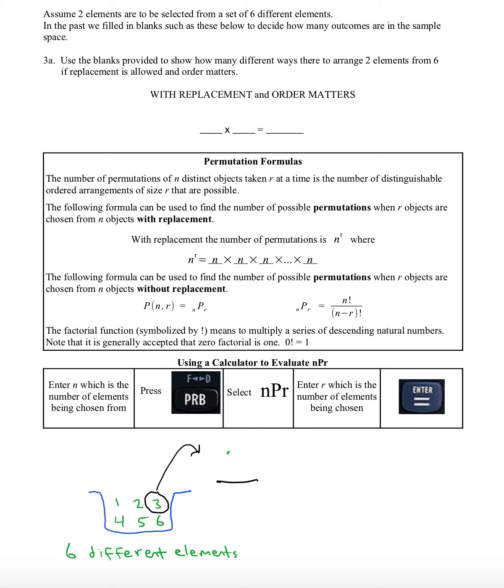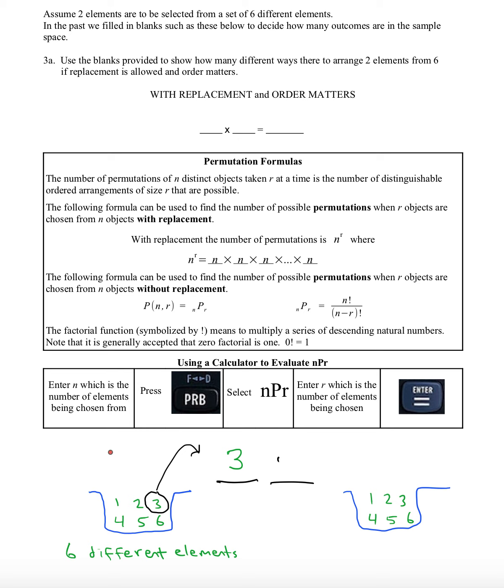But this is going to be an experiment with replacement. So let's say that first one was a 3. And we want to do the experiment again. Since it's with replacement, though, the 3 gets to be put back into the mix to be potentially chosen again.